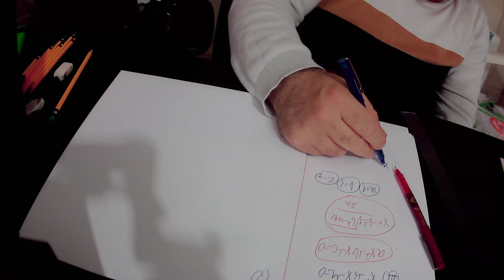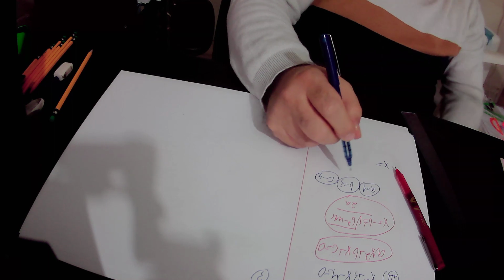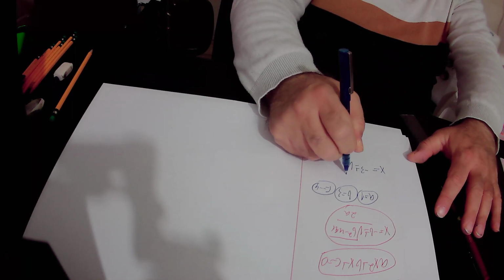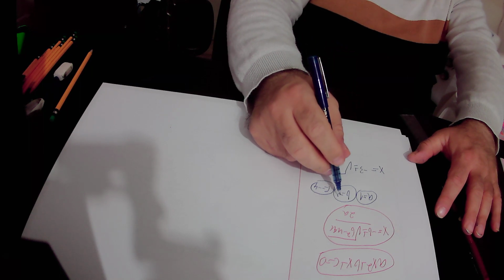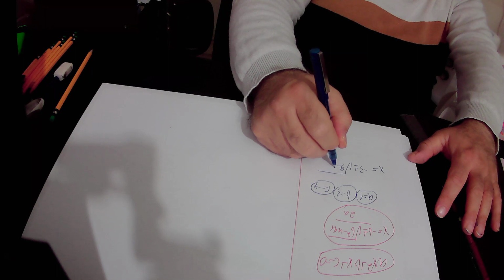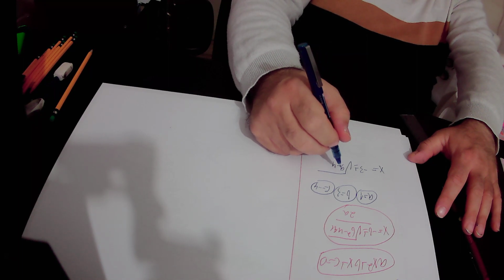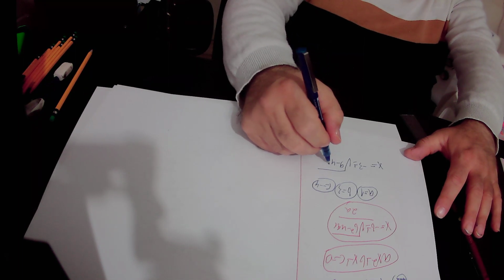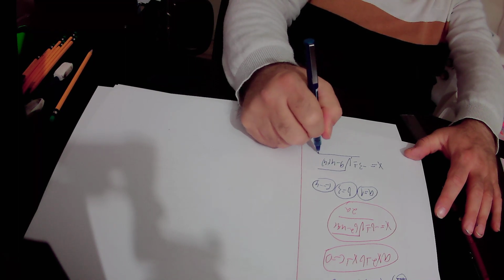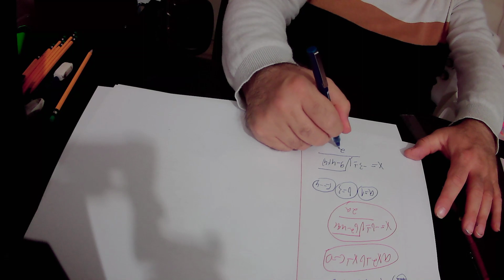So x equals minus b, b is 3, so minus 3, plus or minus the square root of b squared, that is 3 squared, 9, minus 4 times a, which is 1, times c, that is minus 4, over 2a, and 2 times 1 is 2.